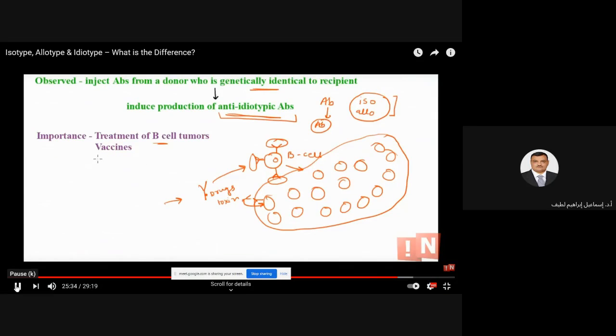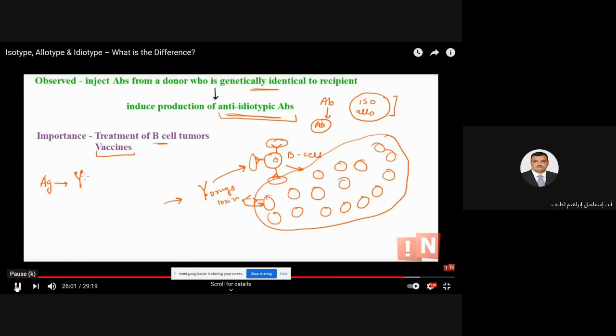It can also be used in vaccine production. Now, this is very interesting. Let's say, for example, when there is an antigen, that antigen is going to produce a specific idiotype, right? That means antibody with specific idiotypes on its surface. Now, when your body encounters some antigen and produces a specific idiotype against it, think about it.